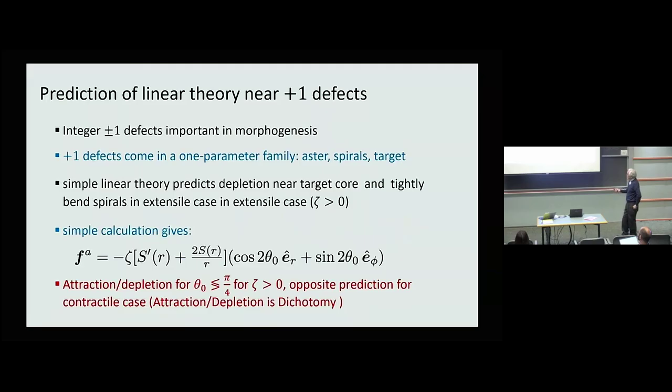However, if theta 0 is larger than pi/4 for the extensor case, then the cell will be depleted at the core. So this simple linear theory predicts that attraction or depletion is a dichotomy. This is just determined by the sign of theta.